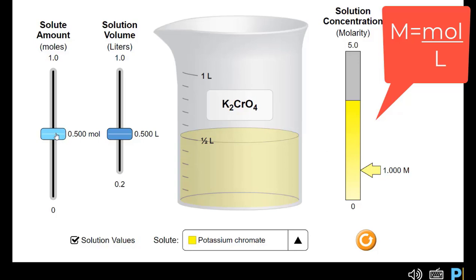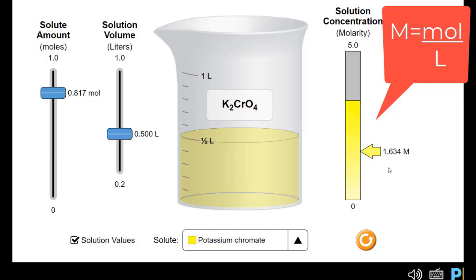And what I would like for you to do is to just mess around and notice how, as I increase my amount of solute, which means as I put more potassium chromate in, and I keep the volume the same, notice that my molarity went up. It's becoming more concentrated. And so if I did 0.817 divided by 0.5, I would get 1.634 molar. And oh, their sig figs are off.